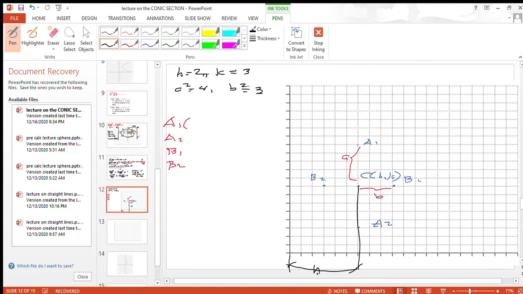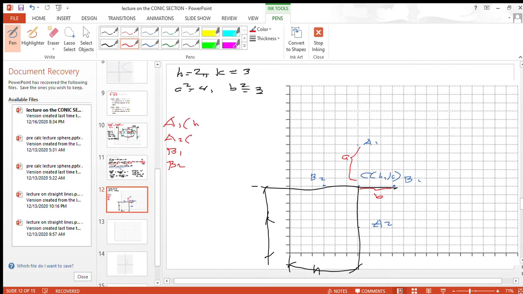This is our H, and this is our K, isn't it? Center HK. So, if you will have the abscissa of A, it must also be equal to H. Drop a perpendicular line going to the x-axis. Similarly, for A2, it will also be equal to H.